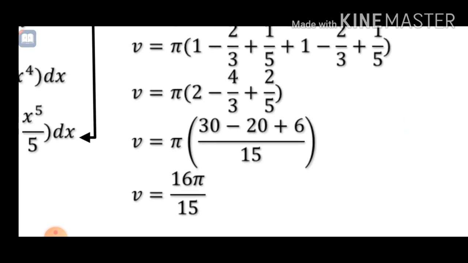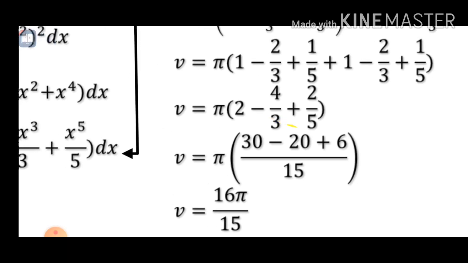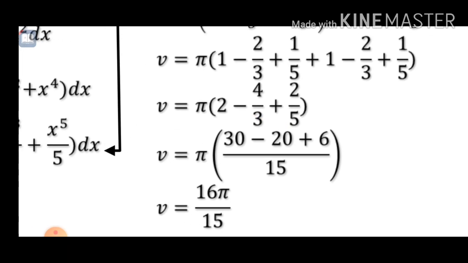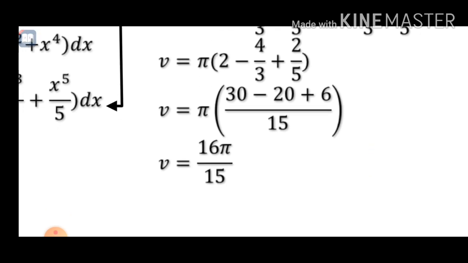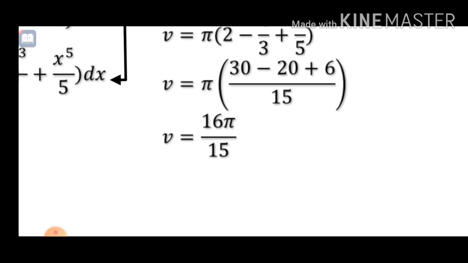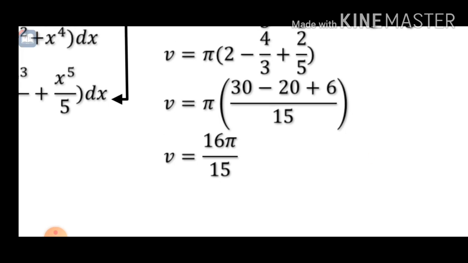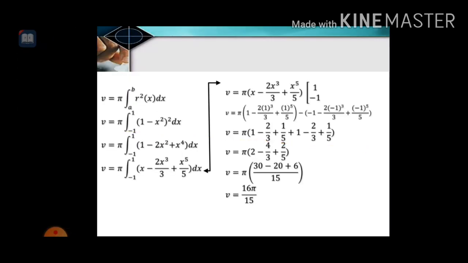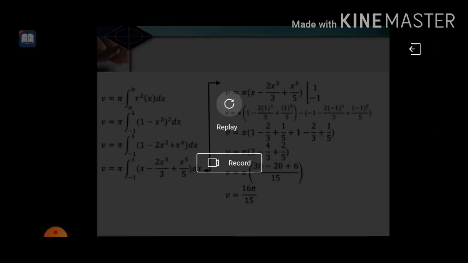V is equal to pi times (2 minus 4 over 3 plus 2 over 5). V is equal to pi times (30 minus 20 plus 6) divided by 15. So 30 minus 20 equals 10, plus 6 equals 16. So times pi, 16 pi over 15. So that is our answer. V is equal to 16 pi over 15.